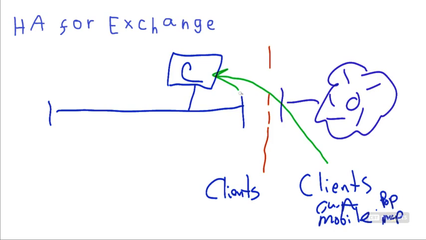Now, keep something in mind, though, and this is going to be a benefit to us, it's going to help us out a lot in high availability, is that the CAS boxes are no longer RPC endpoints. Now, what that means is that if you worked with Exchange 2010, you might remember that if you wanted to make your CAS boxes highly available for Outlook clients, the Outlook clients sitting on your network, you could put in a second CAS box.